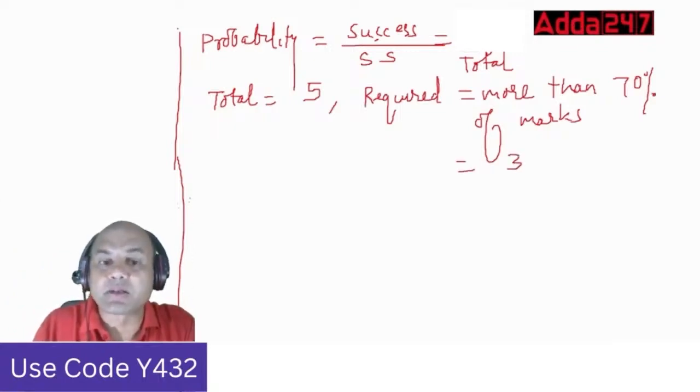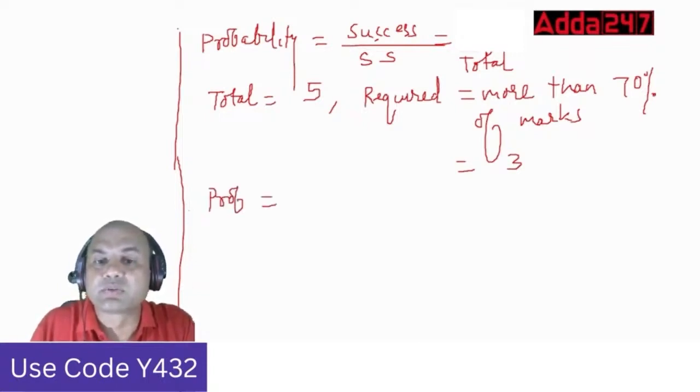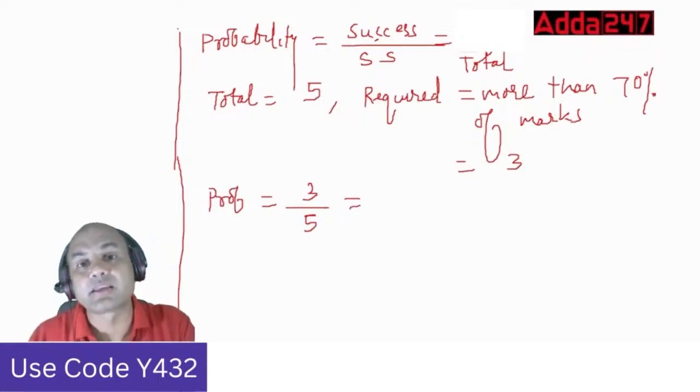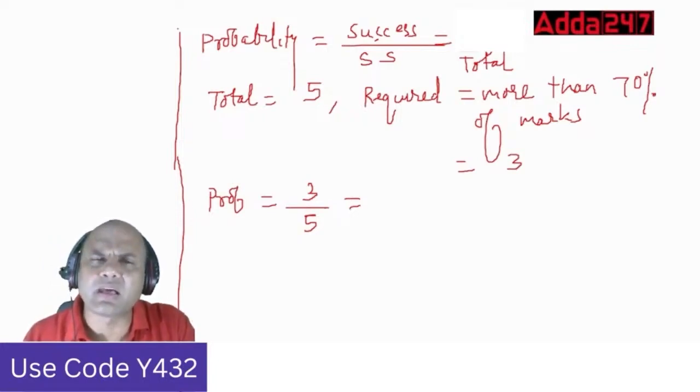So what is my probability? Probability equals required upon total. What is required? 3 upon 5, or success upon sample space. Sample space I've covered in my earlier lecture. In sample space, I take the entire gamut, the total outcomes.